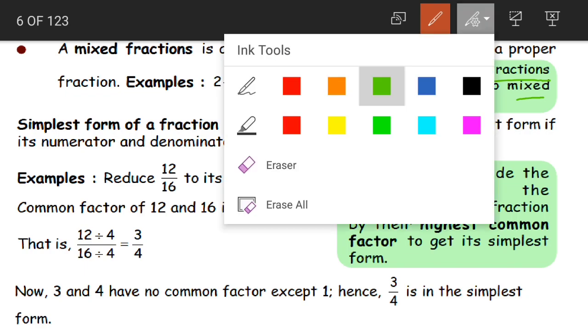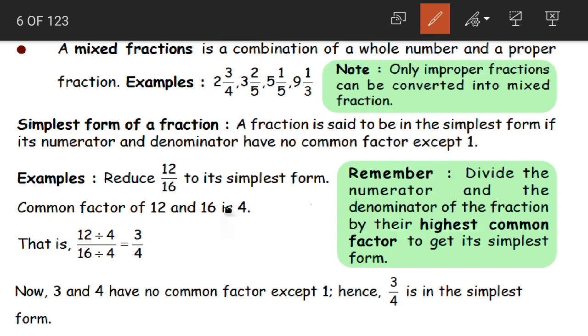Now we have the method of converting mixed numbers into fractions and then fractions into mixed numbers. What are they saying? Only improper fractions can be converted into mixed fractions. A proper fraction, say 1 by 3, cannot be converted into a mixed fraction.